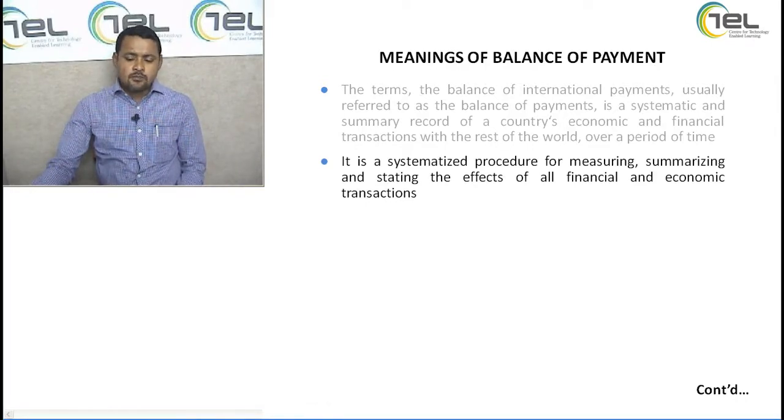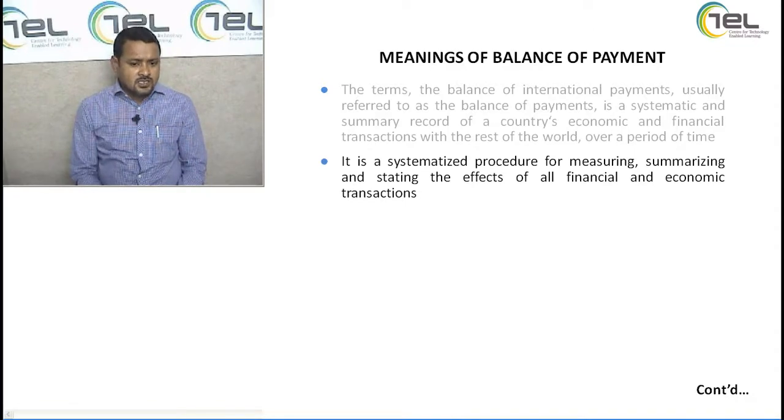So balance of payment, from a layman's basic point of view, is about what is the total surplus amount in its foreign exchange reserves, without considering every other item related to international trade.